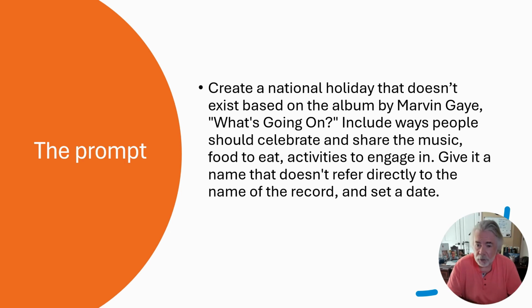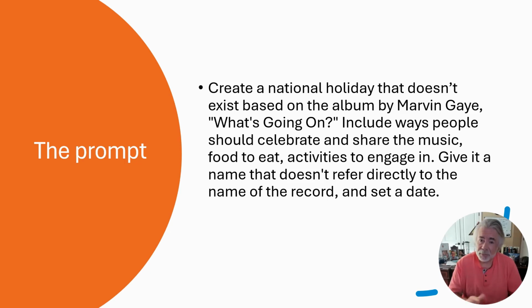So here's the full prompt. Create a national holiday that doesn't exist based on the album by Marvin Gaye, What's Going On. Include ways people should celebrate and share the music, food to eat, activities to engage in. Give it a name that doesn't refer directly to the name of the record, and set a date.